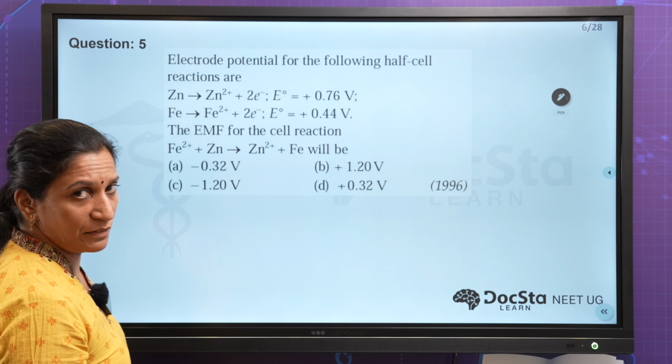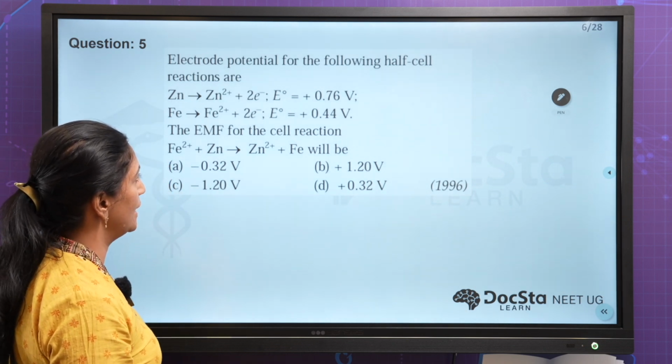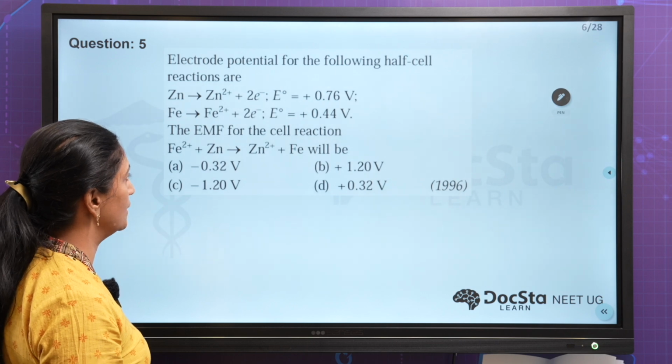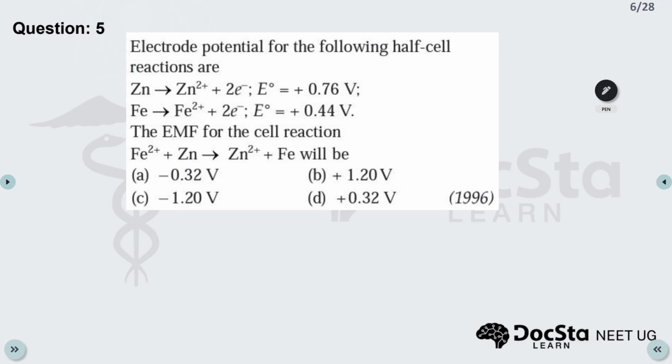And similar problem we have done before, that is the EMF of the cell reaction Fe2 plus zinc gives Zn2 plus Fe. What is the EMF of the cell? Okay, so here it's a direct question. Here it is given E0 Zn to Zn2 plus is given as 0.76 volt.